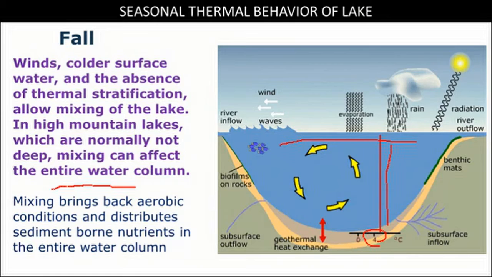But in the case of a deep lake, the deeper water may not be enriched in such a situation. In shallow lakes, because the water is very shallow, you can find good mixing of these characteristics. So the mixing brings back aerobic conditions and distributes sediment-borne nutrients in the entire water column.